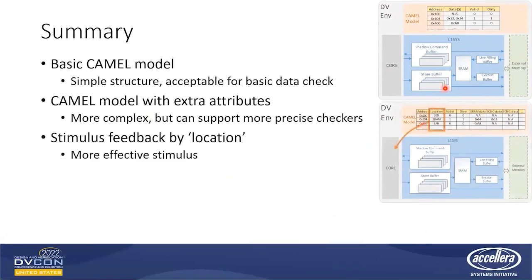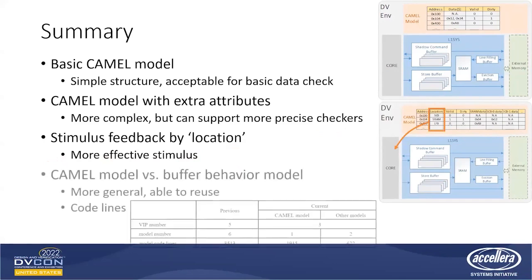And adding the attribute location is not only helpful for the precise check, but can also feed back to stimulus. In this way, we can have more complex stimulus and find bugs more quickly.